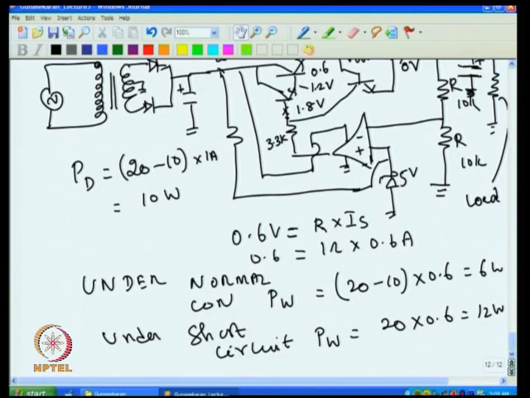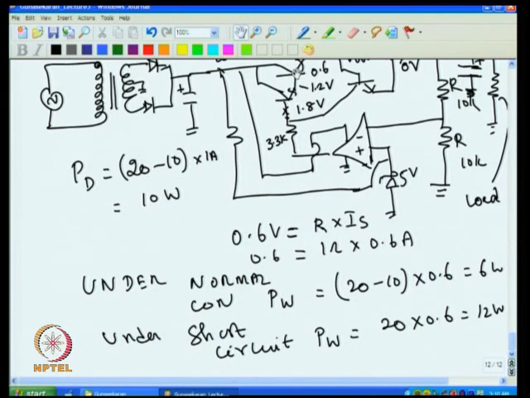But now we find that under short circuit condition 12 watt is there, and if the short circuit is left like that for a long time, this transistor dissipates 12 watt and the junction temperature will go much higher than what was calculated, because we would have applied the heat sink for only 6 watt. Now the junction temperature can go high and the transistor can go bad.